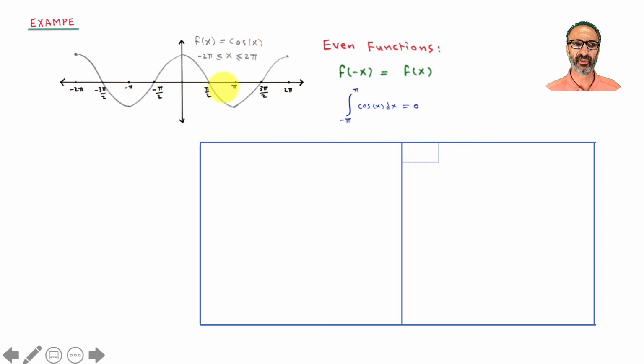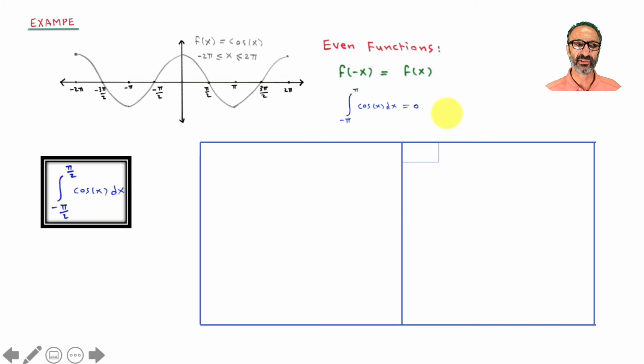We're going to go from negative pi to pi. From negative pi over 2 to pi over 2, that's not going to be 0. But from negative pi to pi, as I mentioned, this will cancel this and this will cancel this, and you end up with 0.